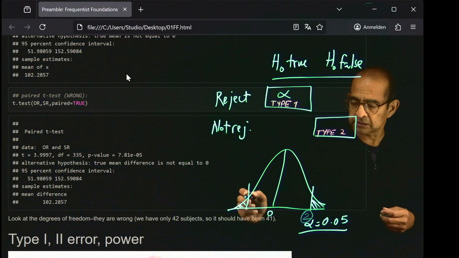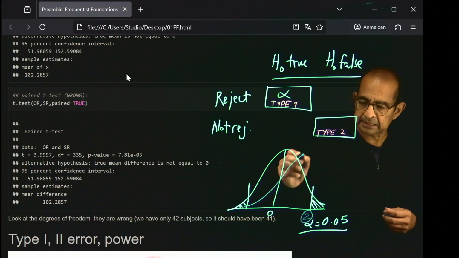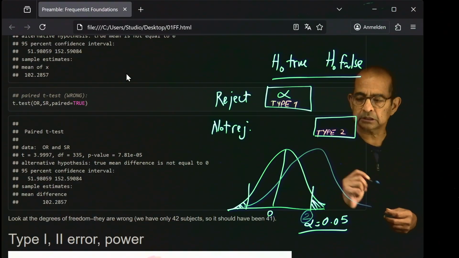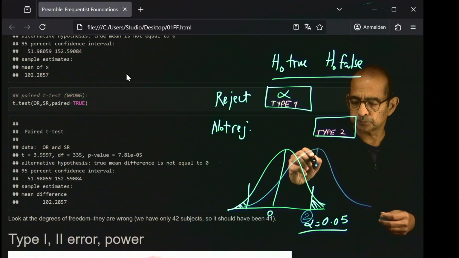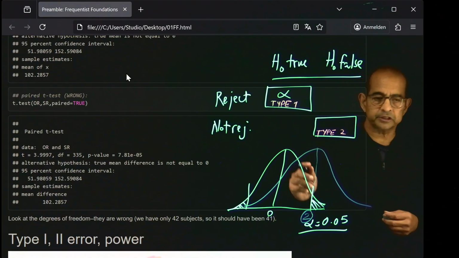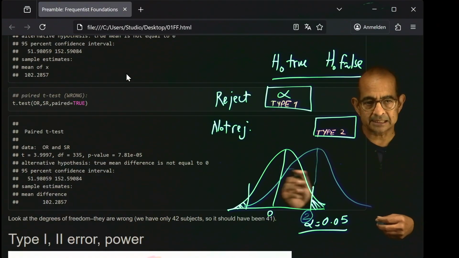In that case, the true distribution is the blue distribution here, centered on 2. So now we are talking about two distributions at the same time.